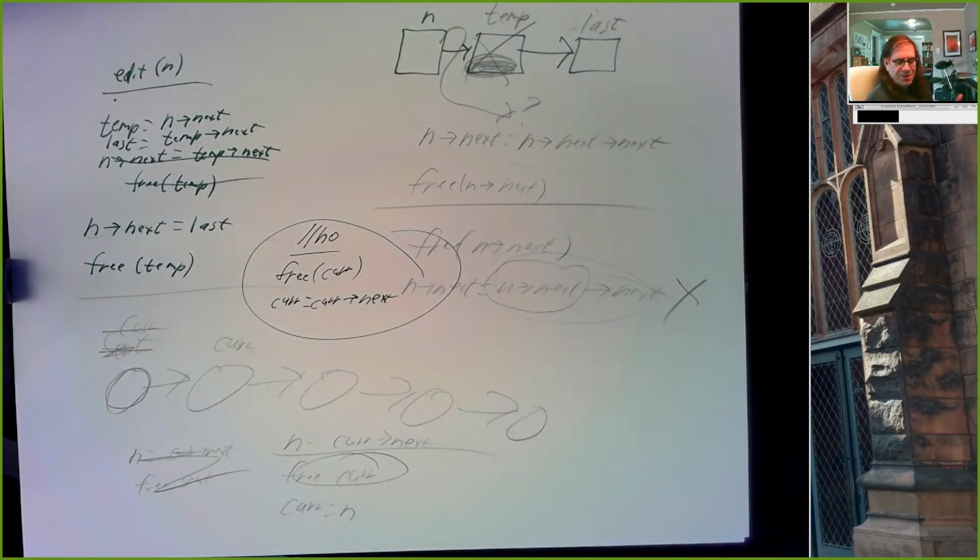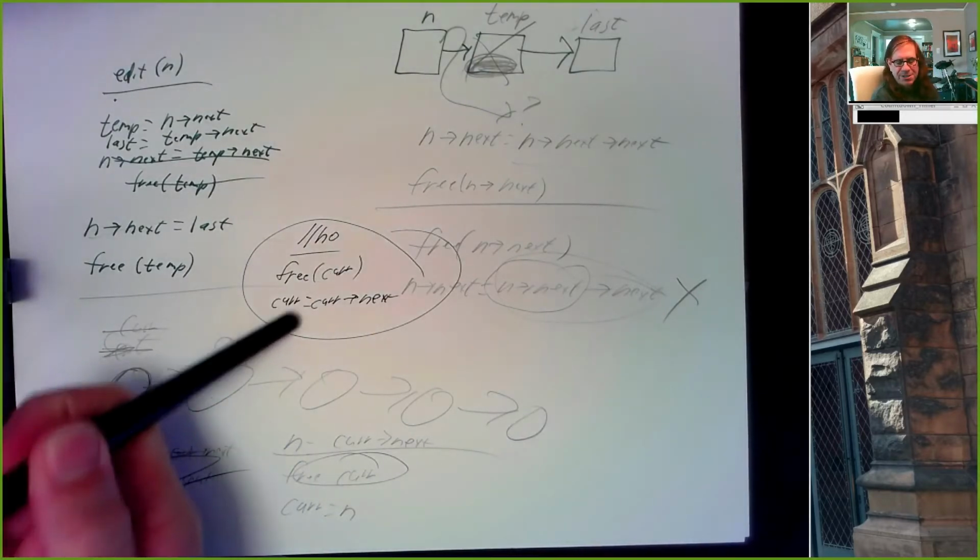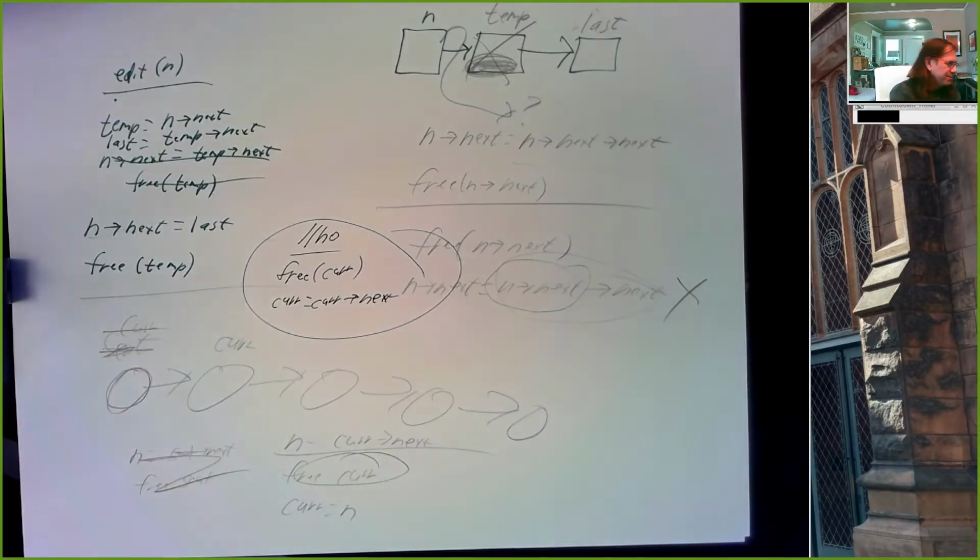If that's the effect that you want, save current next somewhere, free current, and then set current equal to that value you saved. Alright, so don't ever use the thing that you just freed.